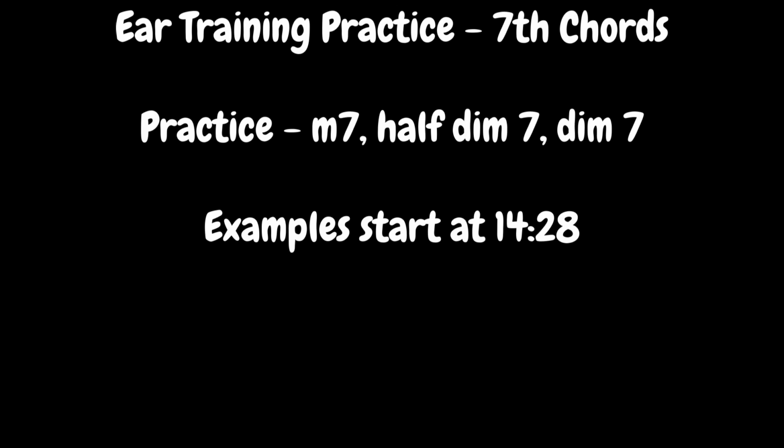So there's not going to be any question. The minor and diminished and half diminished 7 chords are a little bit different because they're not quite as distinctive, in my opinion, from each other. So that's why we're going to study them together and get to know these 3 exclusively. So now your options will be minor 7, half diminished 7, and fully diminished 7 chords.